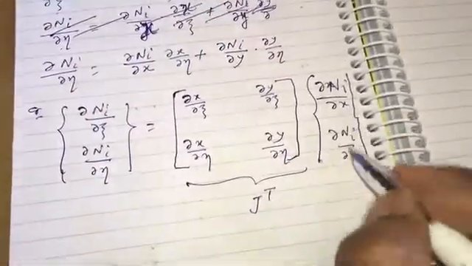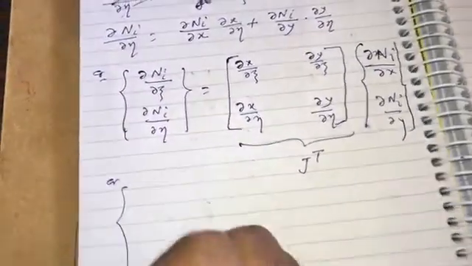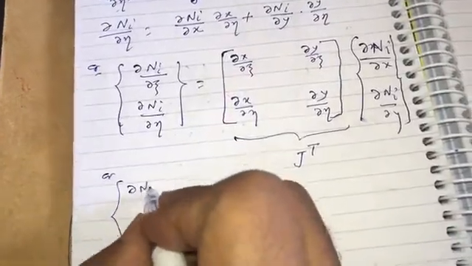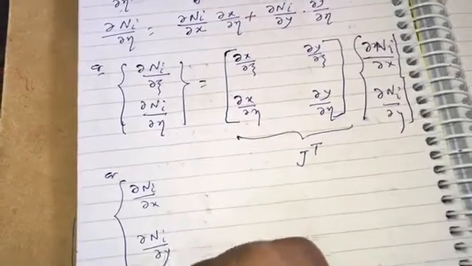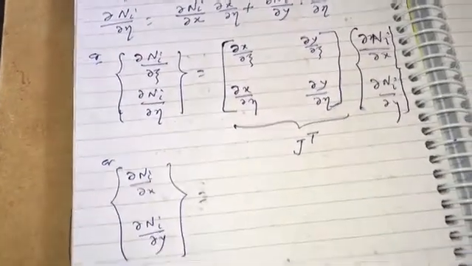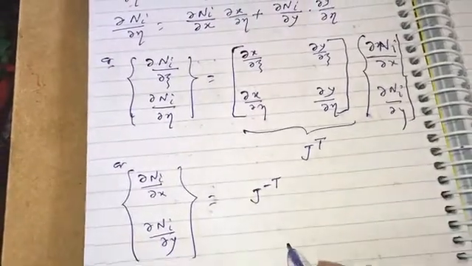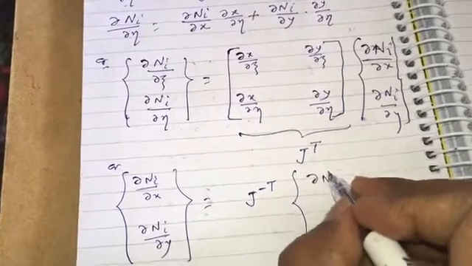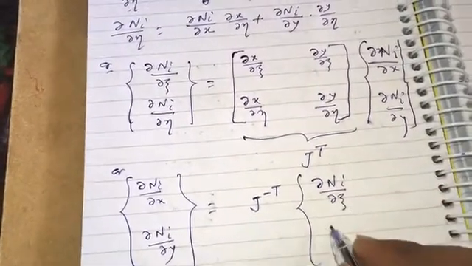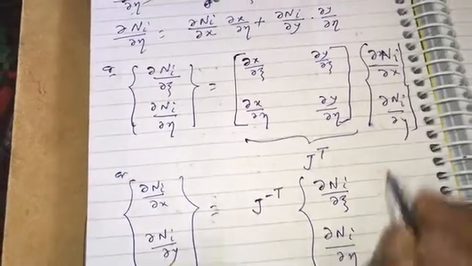So you can write del N_i over del x, del N_i over del y is equal to J inverse transpose times del N_i over del xi, del N_i over del eta.